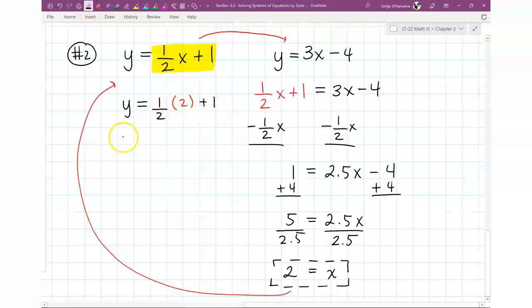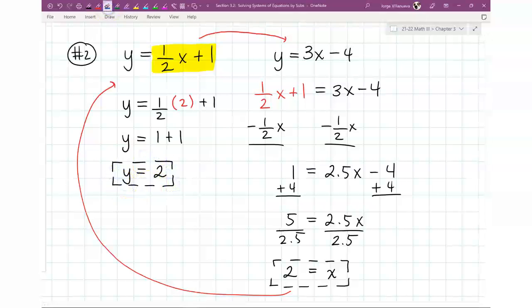Plus 1. What's half of 2? 1, right? So this is 1 plus 1, which is 2. There's my y value. So here's my answer. X is 2, y is 2.